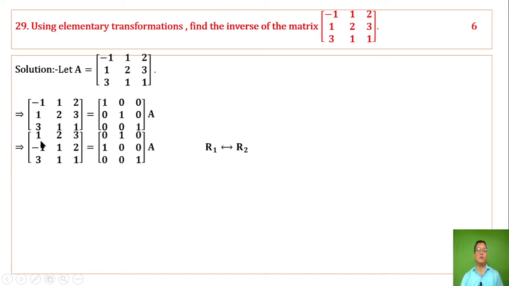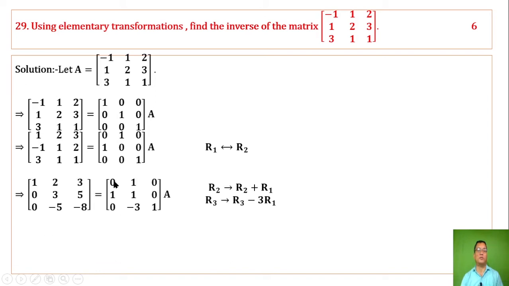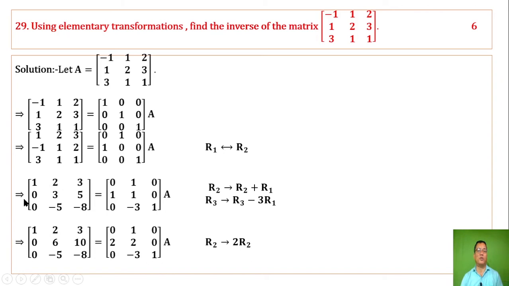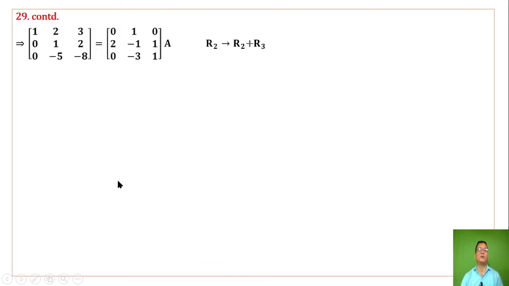Next, take the first row and subtract 3 times it from the third row, which gives the new third row. Next, subtract the second row from the third row, and we get the new second row.